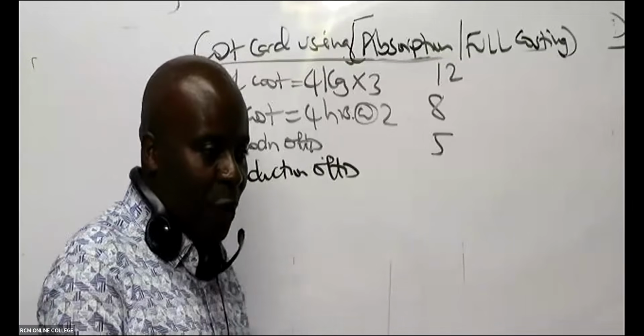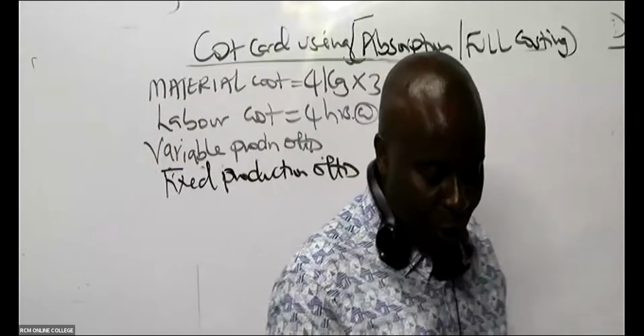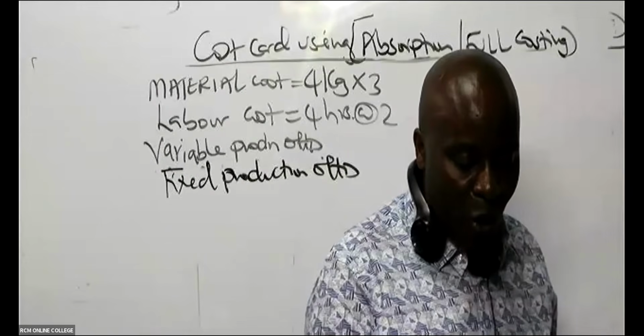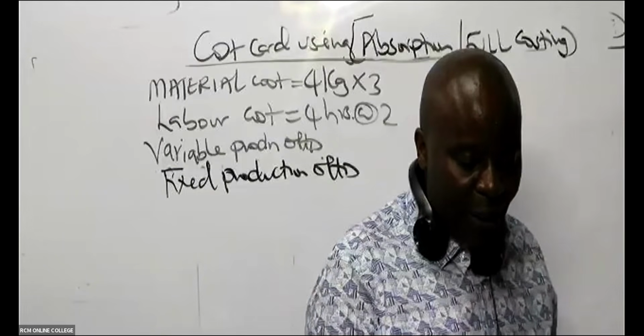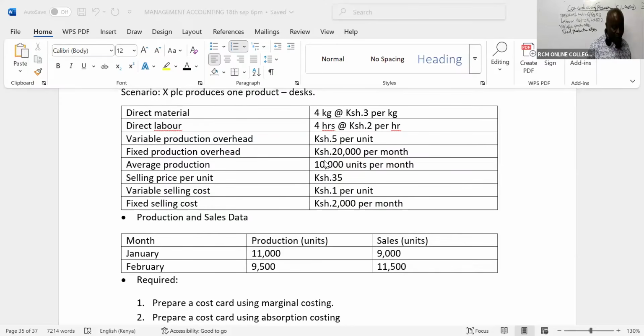The 20,000 is for a whole month. And within that month, you expect to produce how many units? Fixed production overhead is Kenya shillings 20,000 per month, and the average production per month is 10,000.